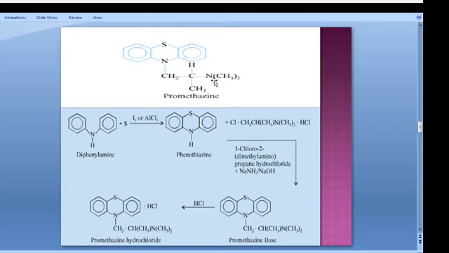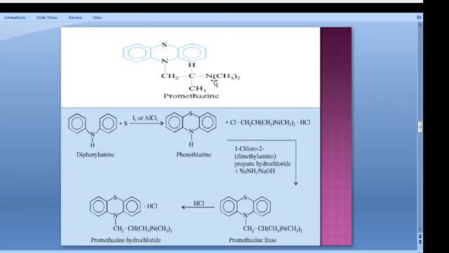Basically, we have synthesized this phenothiazine in our laboratories. The ingredients we use are diphenylamine, sulfur, and iodine, or else aluminum chloride.